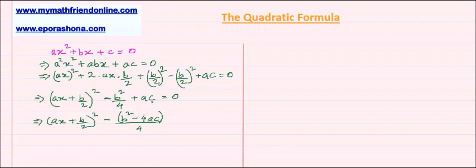It is a plus ac and we have taken this common denominator, so it should be a plus 4ac. Since we have taken this minus sign outside the bracket, we have put a minus sign in between these two terms because these two minuses will get multiplied together to give us a plus sign. Okay. This is equal to 0.